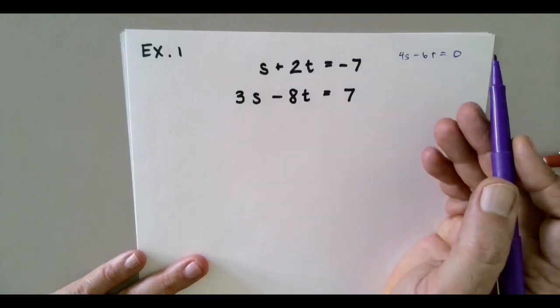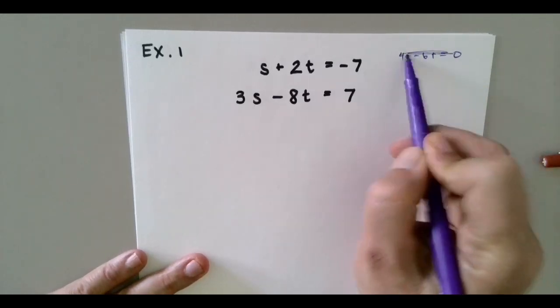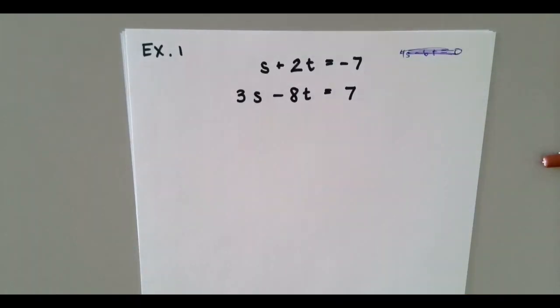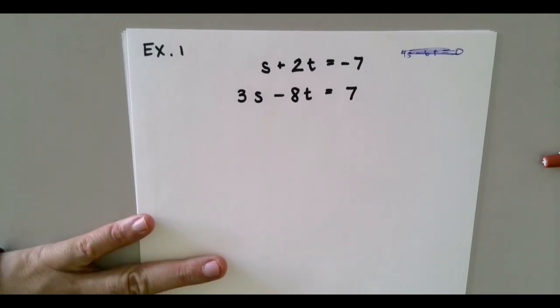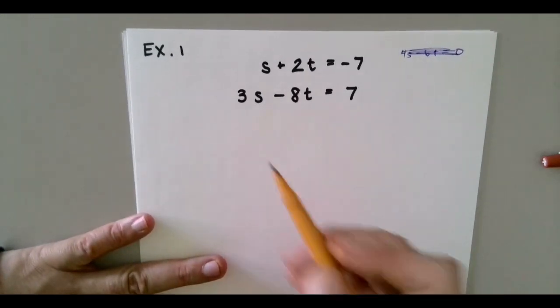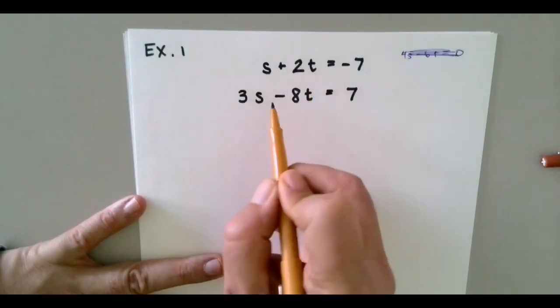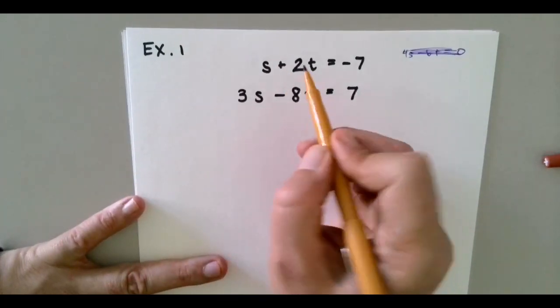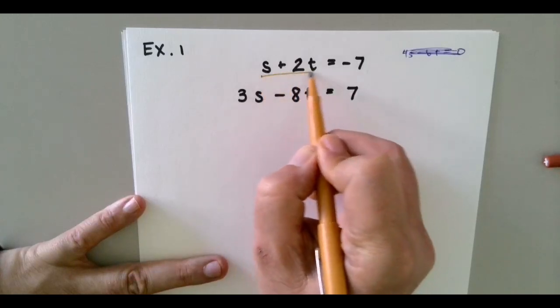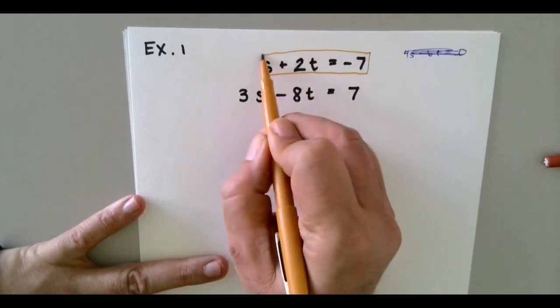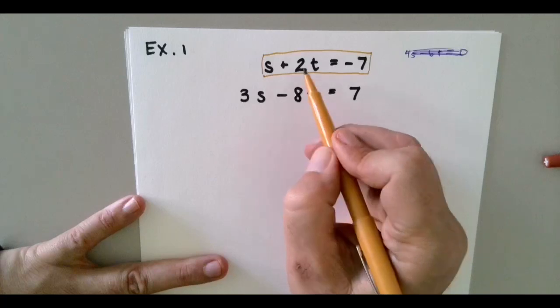So nothing gets eliminated. So here they don't line up. So I'm going to have to use my big brain, and I'm going to make them line up. Okay? And how would I do that? So I look at this, and I happen to see, well, this is positive 2t, and this is minus 8t. So maybe it would be nice if these two lined up, if that were an 8t.